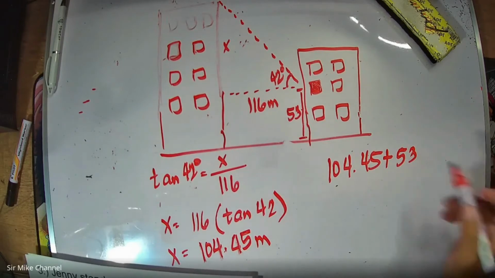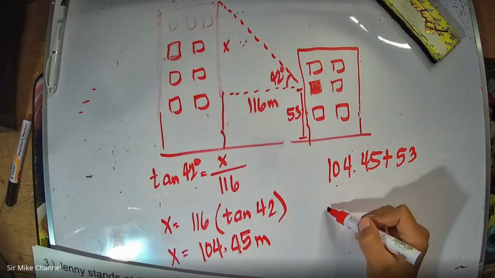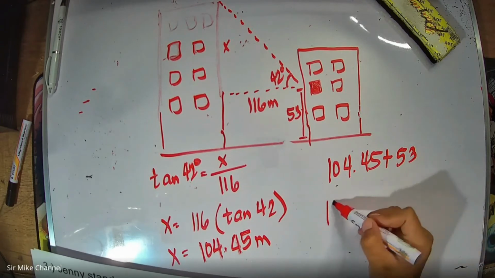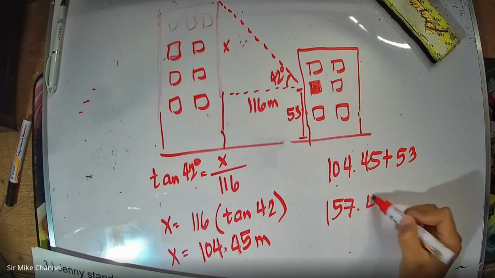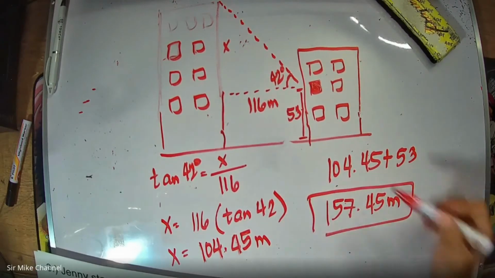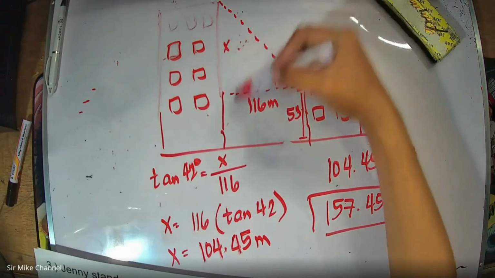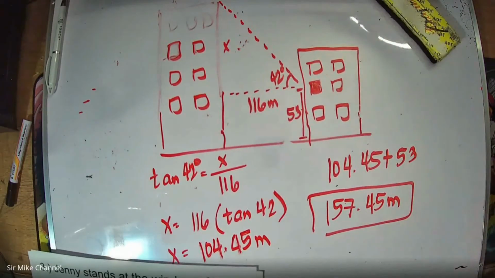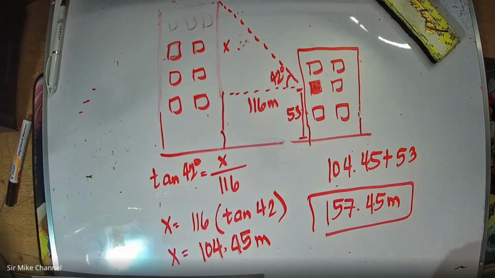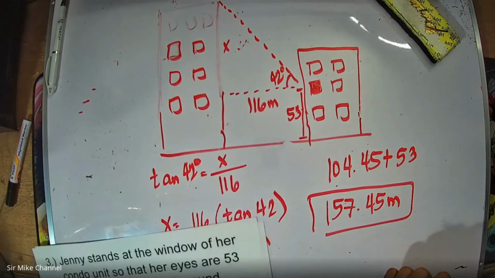So magkakaroon tayo ng 157.45 meters. So ito na yung height natin. So measurement natin dito is 104 plus yung 53. So 157.45. So that is the height of the skyscraper.